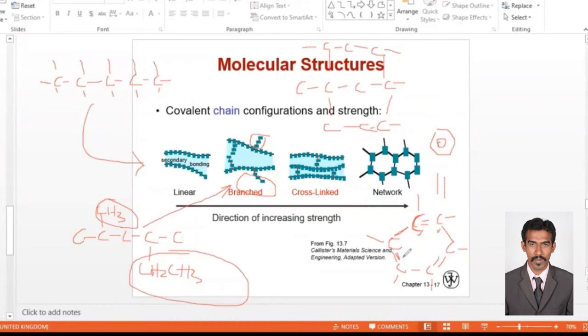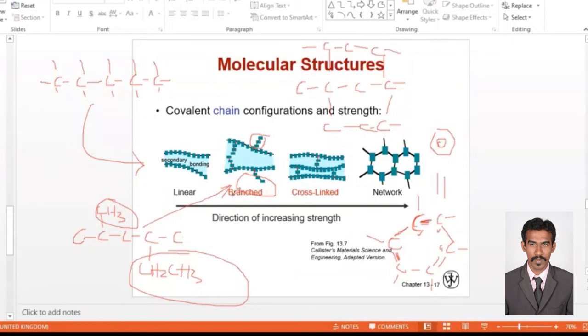This carbon: 1, 2, 3, 4 bonds. If you check any of these carbons, each will have 4 bonds. But this double bond can be broken if necessary, though usually it will not be broken. And that's why they are high in strength.